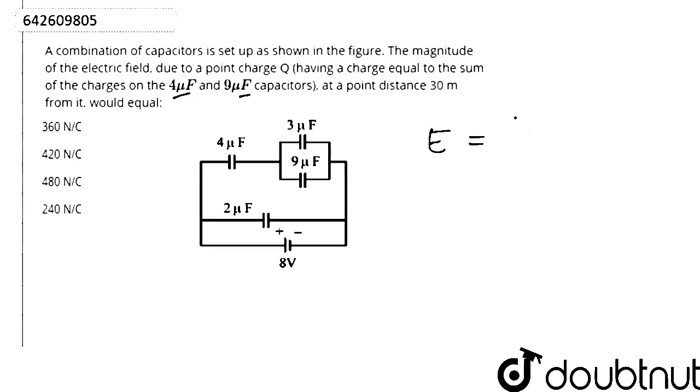The electric field will be kQ by r square, where Q we can write as Q1 plus Q2.